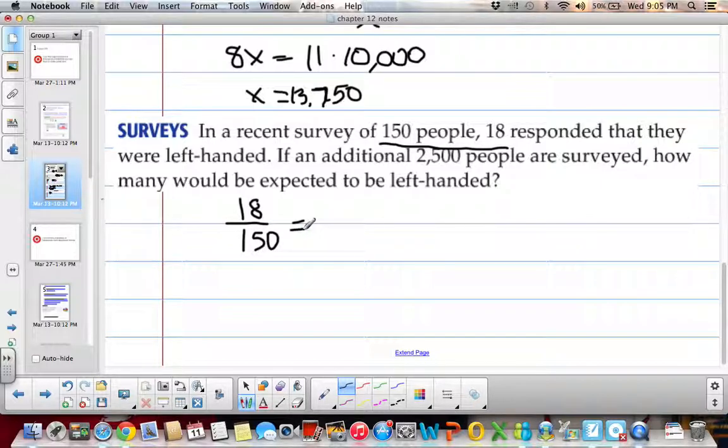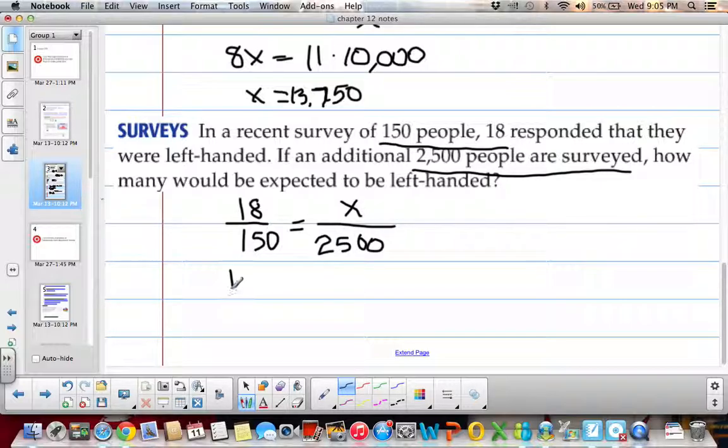This time 2,500 people are surveyed, so that's going to be on our bottom because that's our total number surveyed. And before, remember, we had 18 out of 150 surveyed, so we have to match it up. So now we have x.